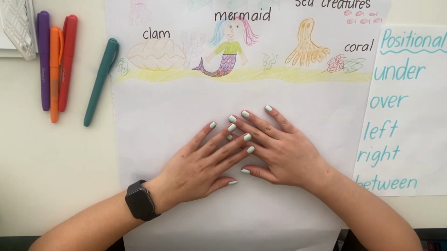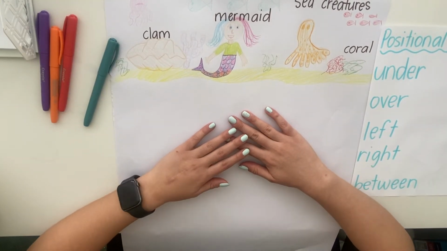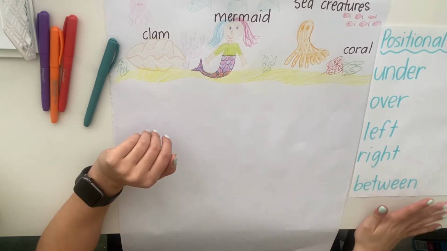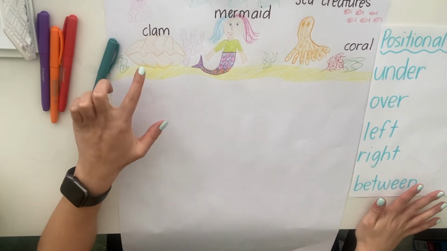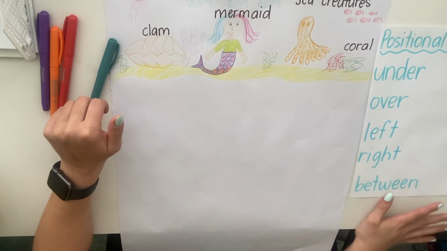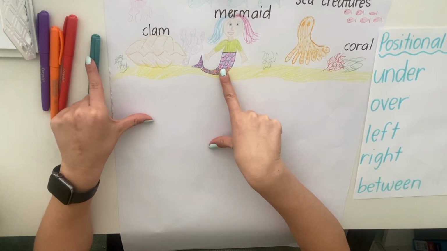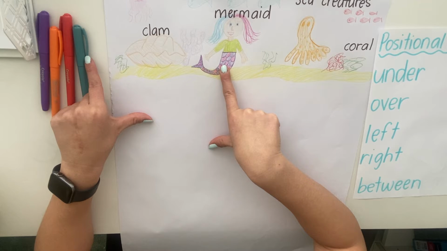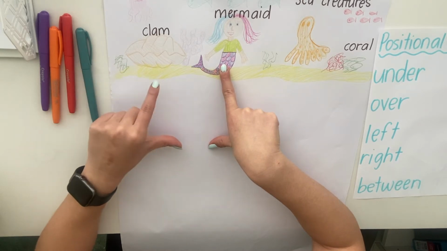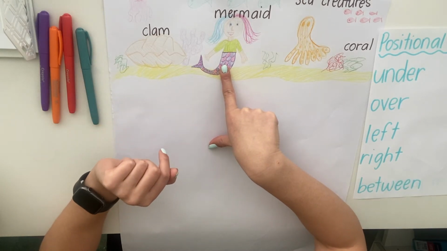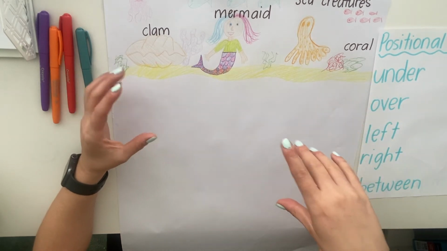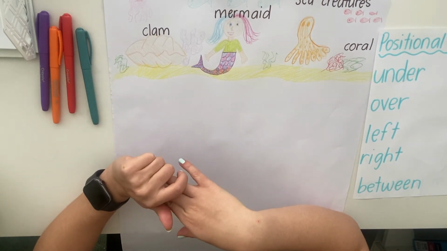Okay, I'm going to plan my first sentence out loud because that's what good writers do. So I'm going to say, if I lived under the sea, I would be... mermaids are mythical, okay? They're not real. So I'm going to say mythical, which is like magical. So mythical mermaid.